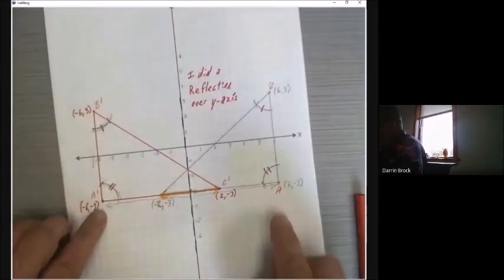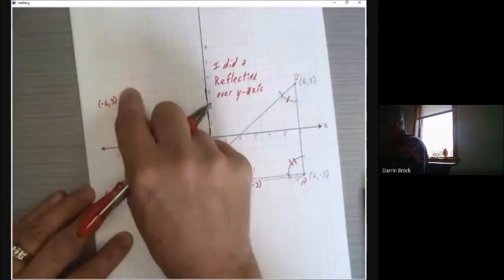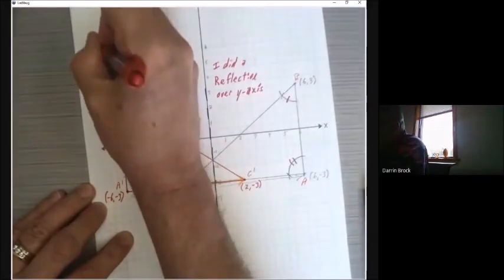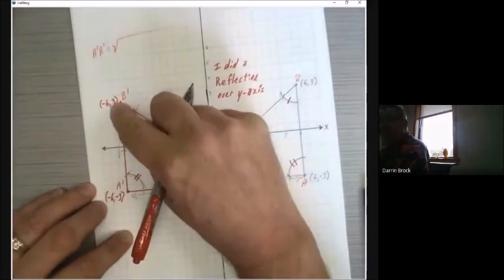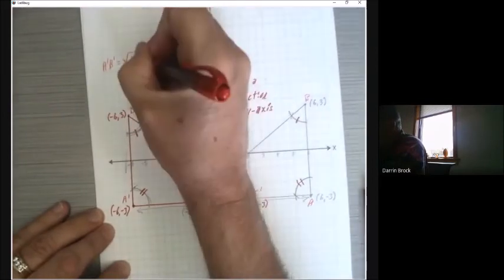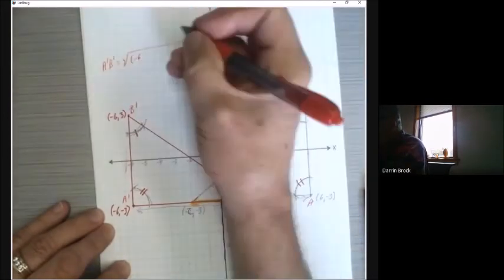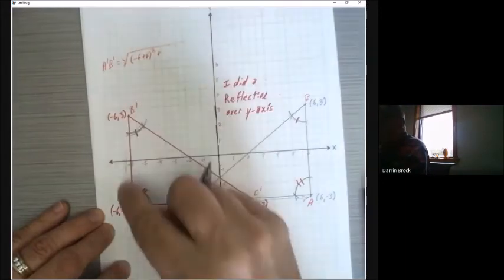All right, so checking that out. If I'm looking at the distance of A prime to B prime, A prime B prime equals the square root of, this is x2 down here, -6 minus -6. -6 minus a negative is adding 6, squared, plus 3 minus -3, minus the negatives plus, so 3 plus 3, squared.